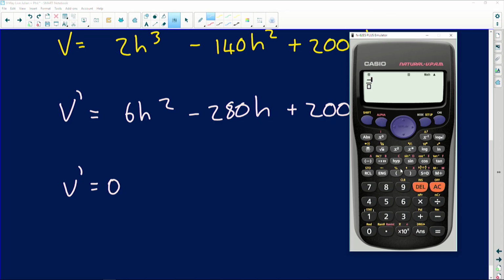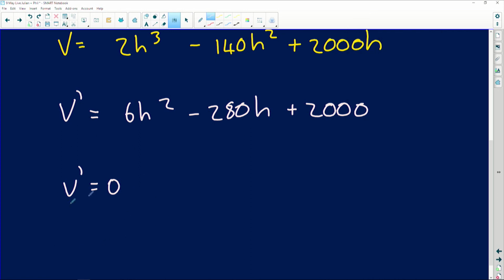So what I can do is now plug them into my quadratic equation. It's going to be quite straightforward: minus B plus the square root of B squared minus 4AC, divided by 2A. Okay, so if we get that, my first value is 37,86.